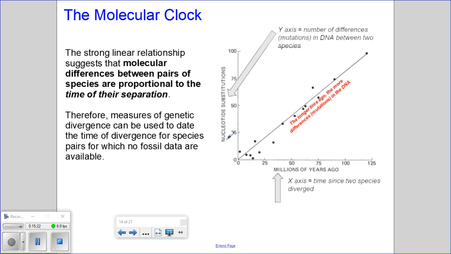On our chart here, we have the number of nucleotide substitutions, and millions of years ago on our x-axis, which is the time since the two species diverged. Basically, the longer the time ago, the more differences that you see in the DNA. So the greater the number of substitutions, the longer ago that these two species diverged. The smaller number of mutations indicates a relatively shorter period of time since speciation would have occurred.